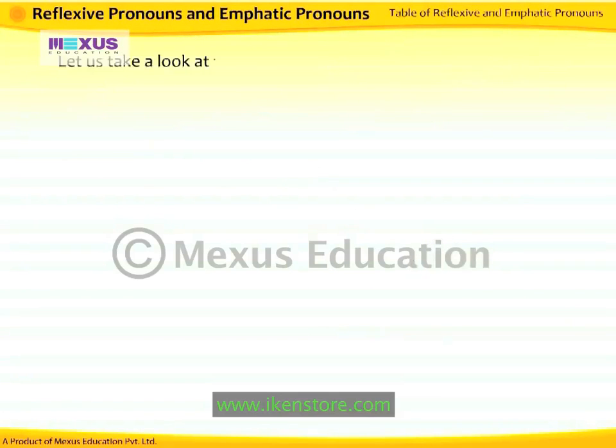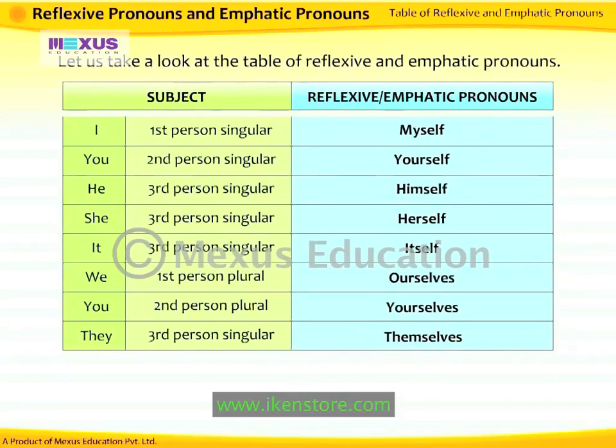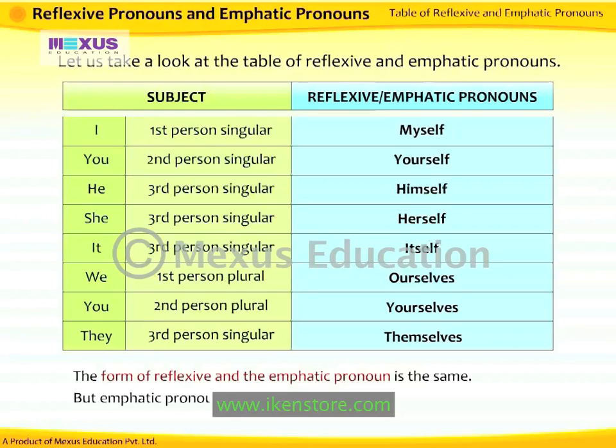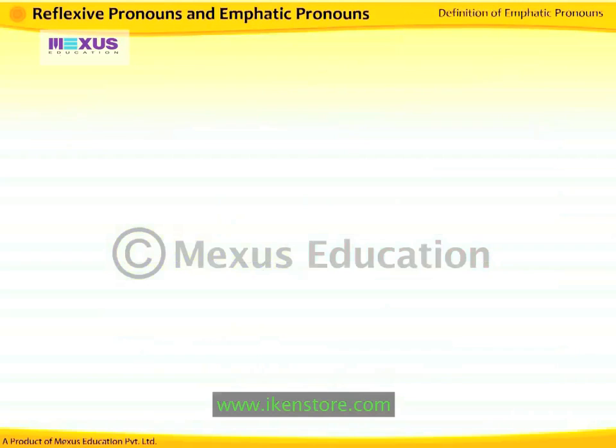Let us take a look at the table of reflexive and emphatic pronouns. You will notice that the form of reflexive and the emphatic pronoun is the same. But emphatic pronouns are different from reflexive pronouns. So, what is an emphatic pronoun?